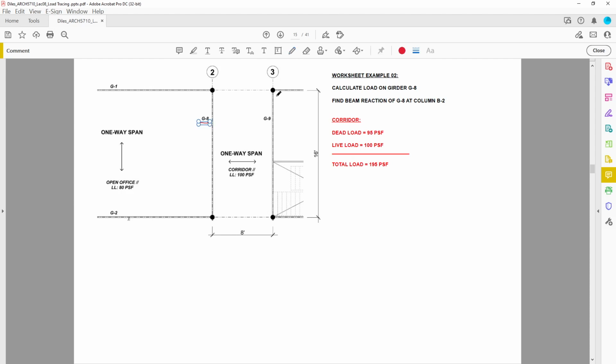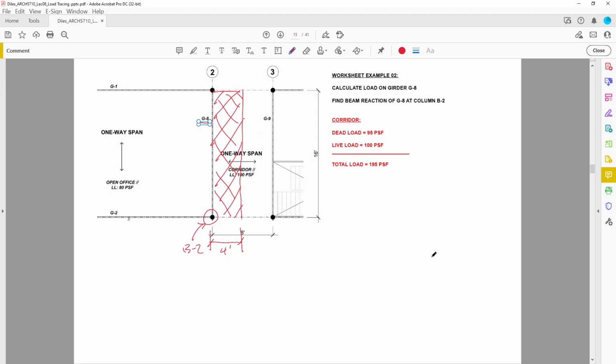Here is B2. And we have this one-way span. And what is the tributary area for G8 for this one-way span? It's going to be 4 feet. So it's going to be this portion of the one-way span that is being delivered to G8, and the other half of this corridor load is going over to G9.